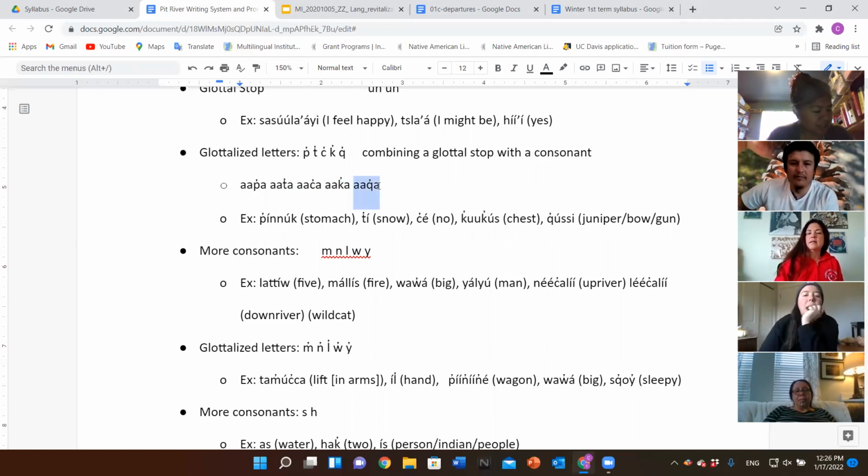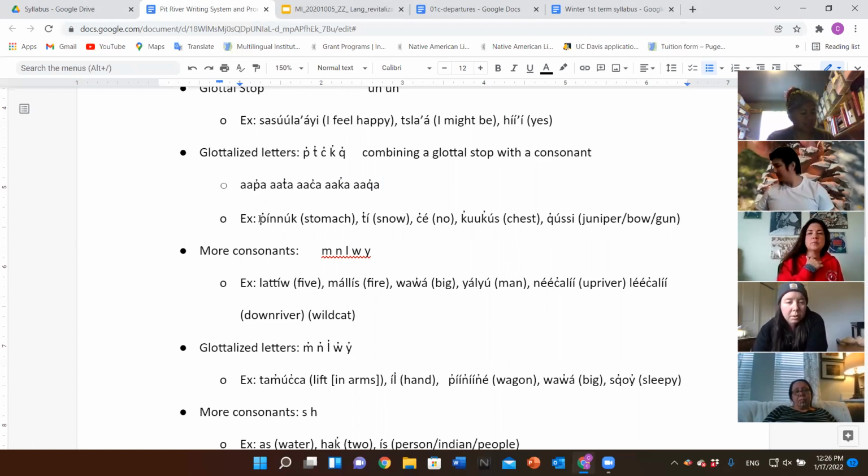And the glottal Q, this is a hard one. So I'll say all of these example words here. It's a little harder when it's at the beginning of the word because you don't have the vowel before to stop it, but the creakiness part kind of helps you.